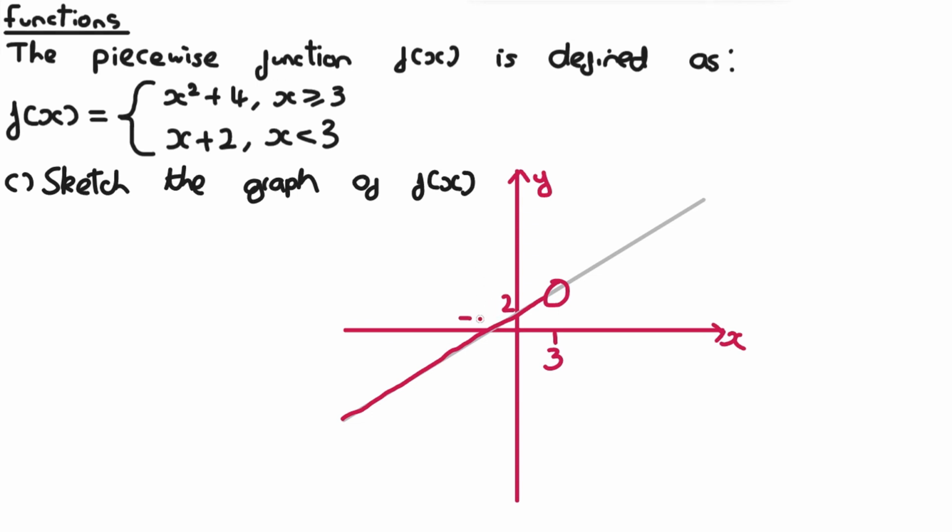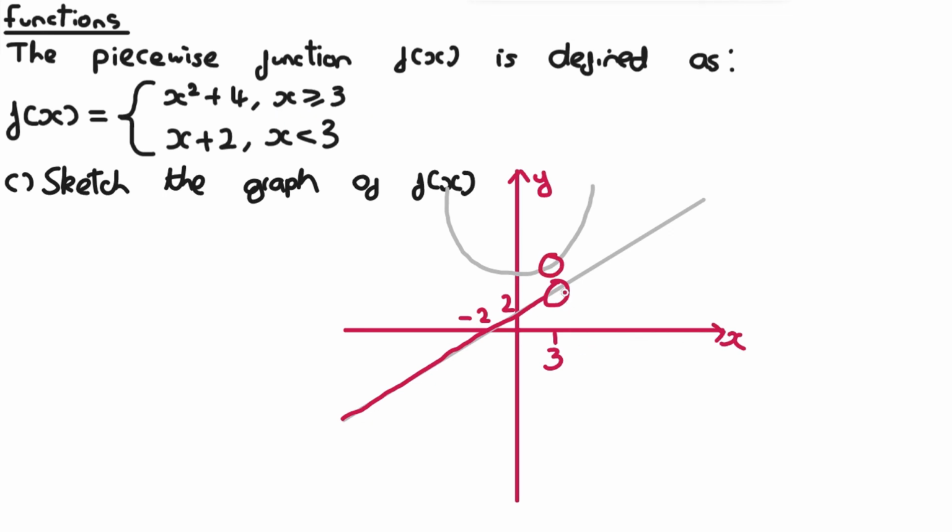And then what we do is we focus on the other part, x squared plus 4, and then we sketch this. So this is going to look something like this, and this, like that. And then we only want this when x is bigger than or equal to 3.